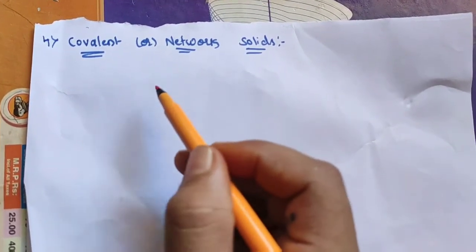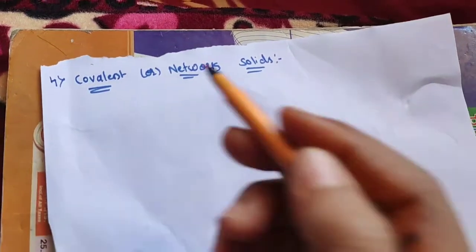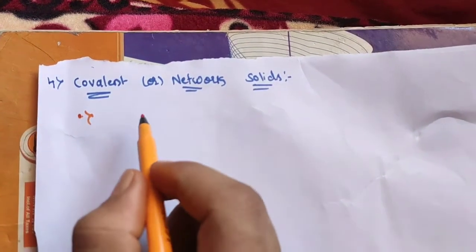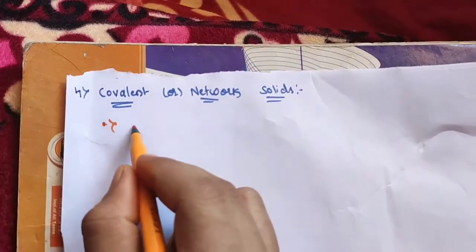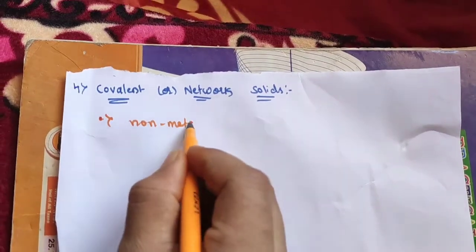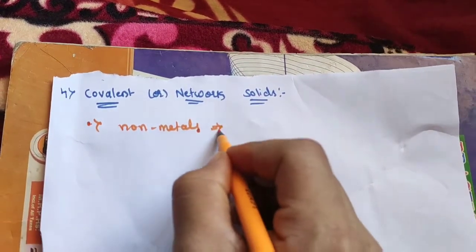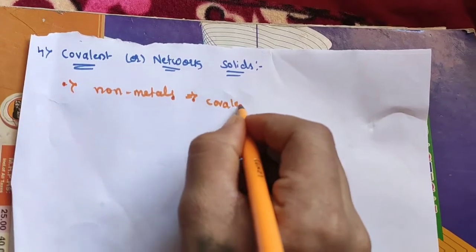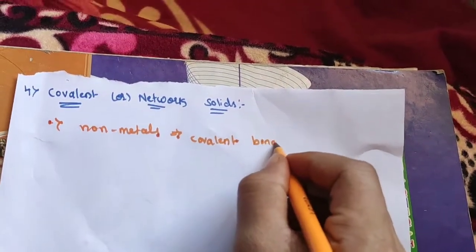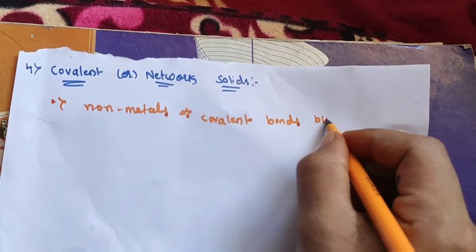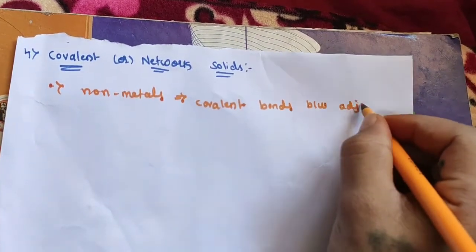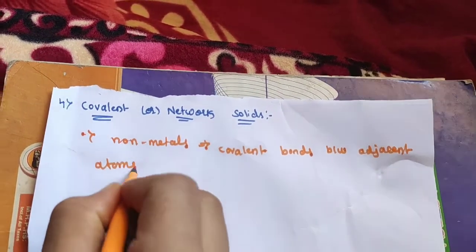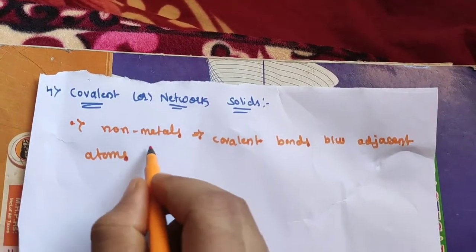They are also called giant molecules. Here, covalent or network solids consist of crystalline solids of non-metals, formed by covalent bonds between the adjacent atoms throughout the crystal.